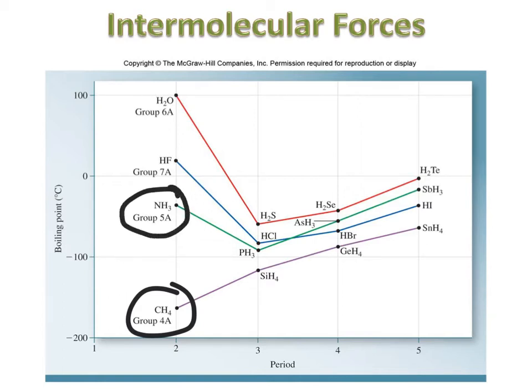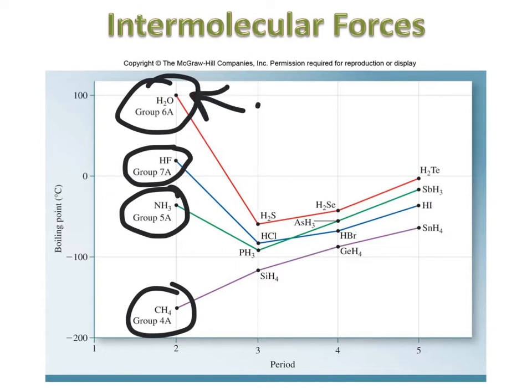Ammonia, hydrogen fluoride, and water are those 3 pure substances that have hydrogen bonding, and you'll note that they have increasing boiling points as we go up. The special characteristic of water is that it can form two hydrogen bonds between each set of molecules, whereas hydrogen fluoride and ammonia can only form one hydrogen bond.